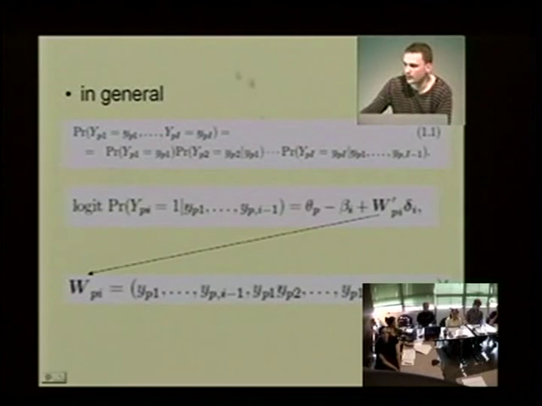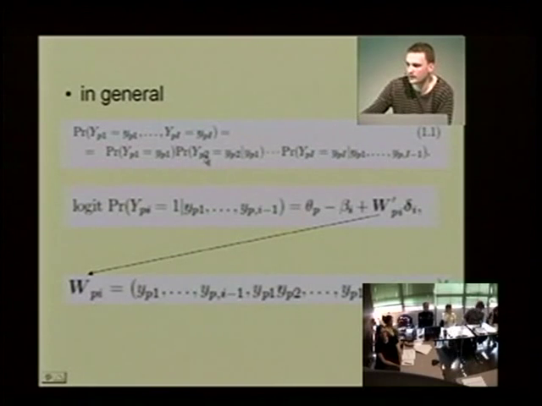And the point is that you start by writing the joint probability of a certain response pattern as the marginal probability for the first item of a response on the first item times the conditional probability of a response on the second item given the response on the first item, and so on. So you have this sequential decomposition, and then the logit of the probability of responding correct on item I given all previous responses is written as this linear function.